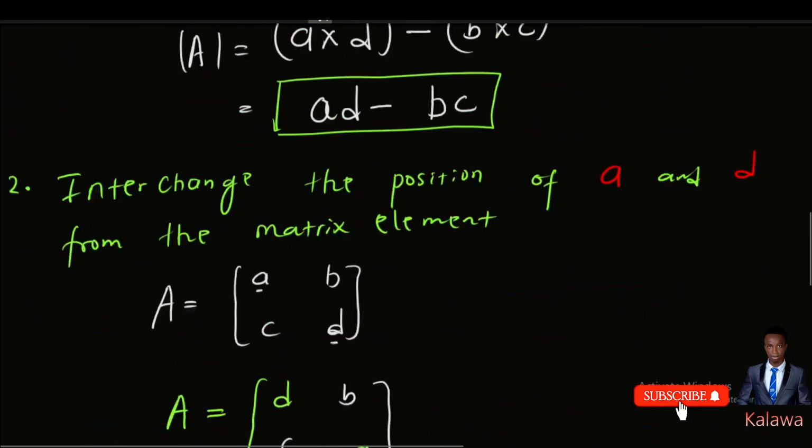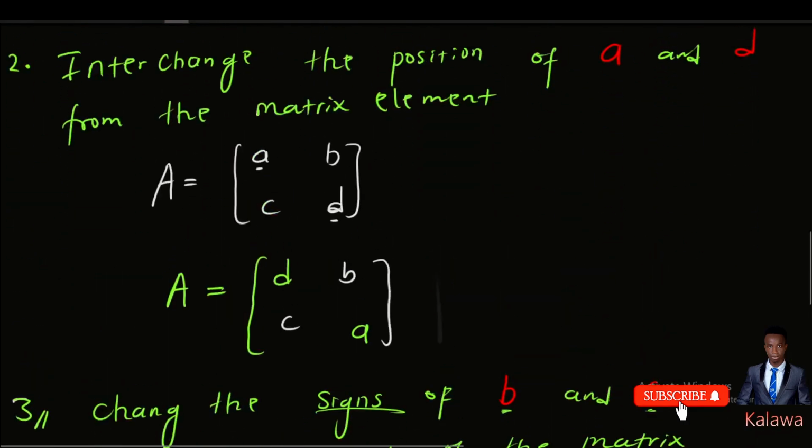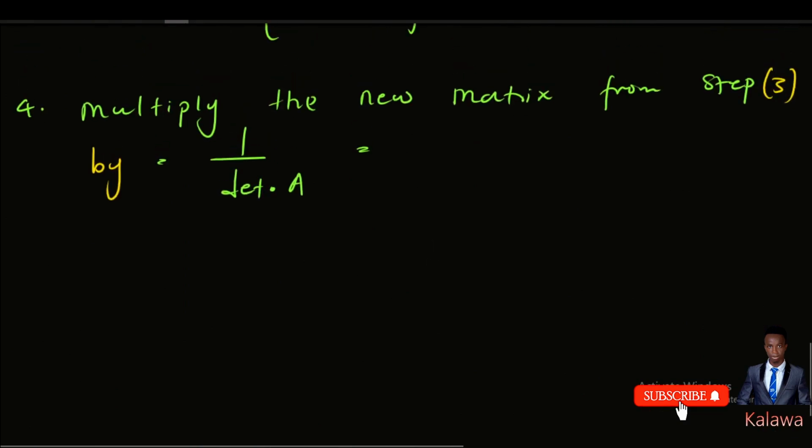Remember, from this formula we have arrived at the determinant to be AD minus BC. So we are going to multiply it.